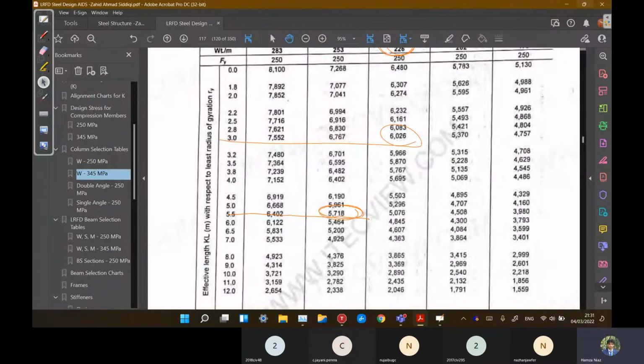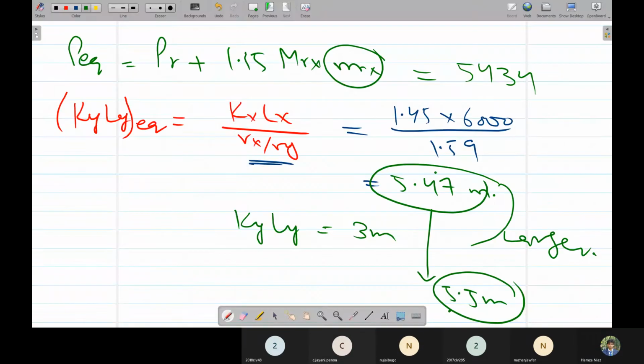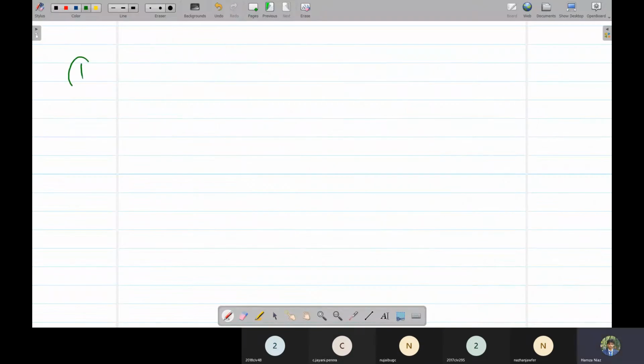So we have this first section, W310 into 253. This is satisfying. First section is W310 into 253.